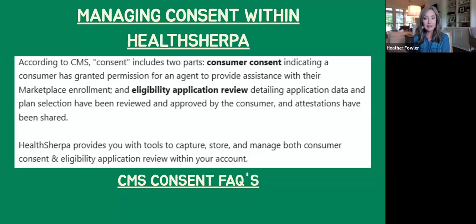And then there's a second part. Now you do the initial consumer consent before you start anything. That's the beginning. And then after you do the application and you've downloaded the eligibility review document, before you can enroll someone in the plan, you have this second part of the consent, which is the eligibility application review.